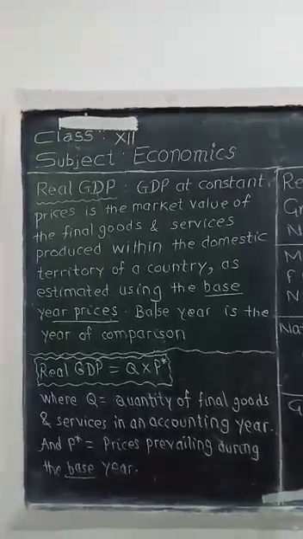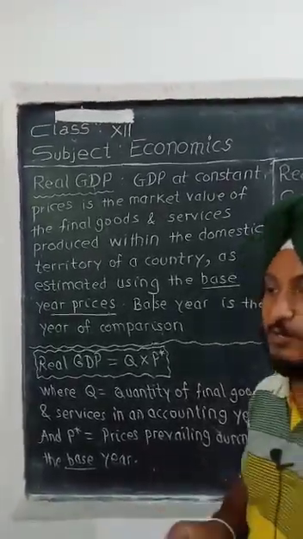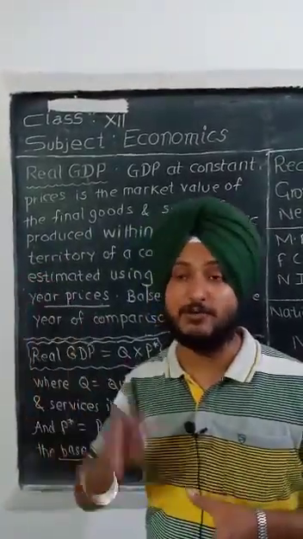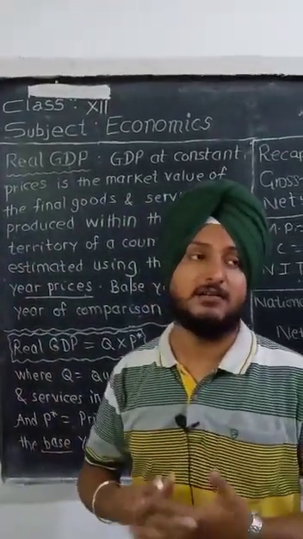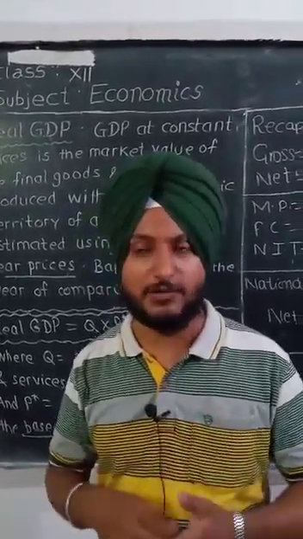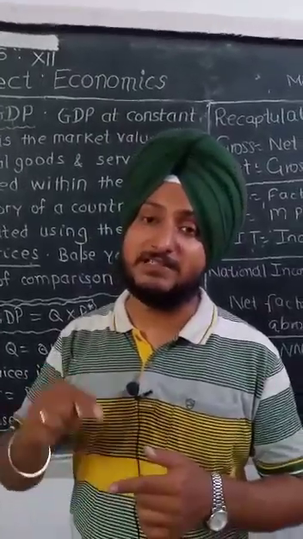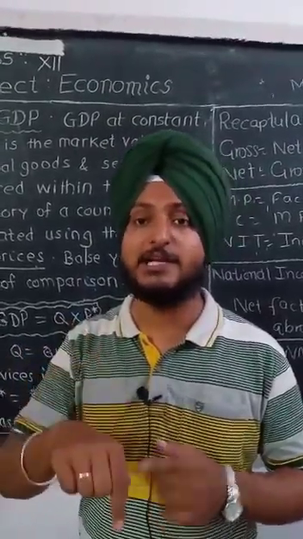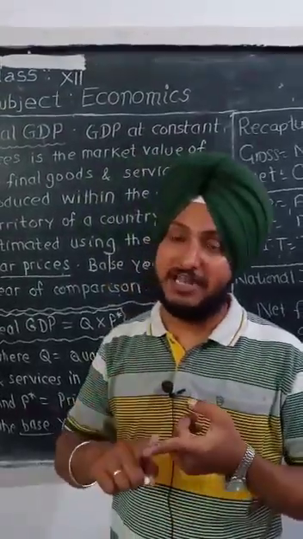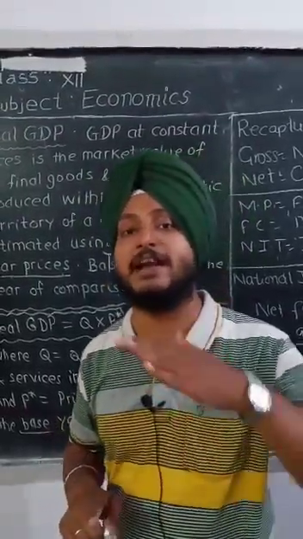Here it means that when we are comparing the GDP with respect to a base year, for example, now we are living in 2020, and if we are comparing the prices of year 2020 with 2015 or 2010, then 2010 or 2015 will be considered as base year.